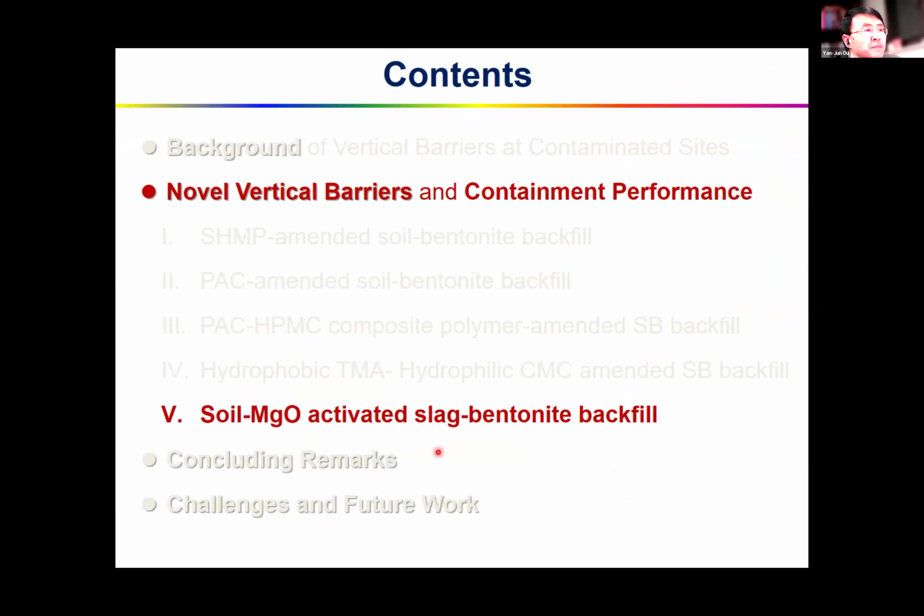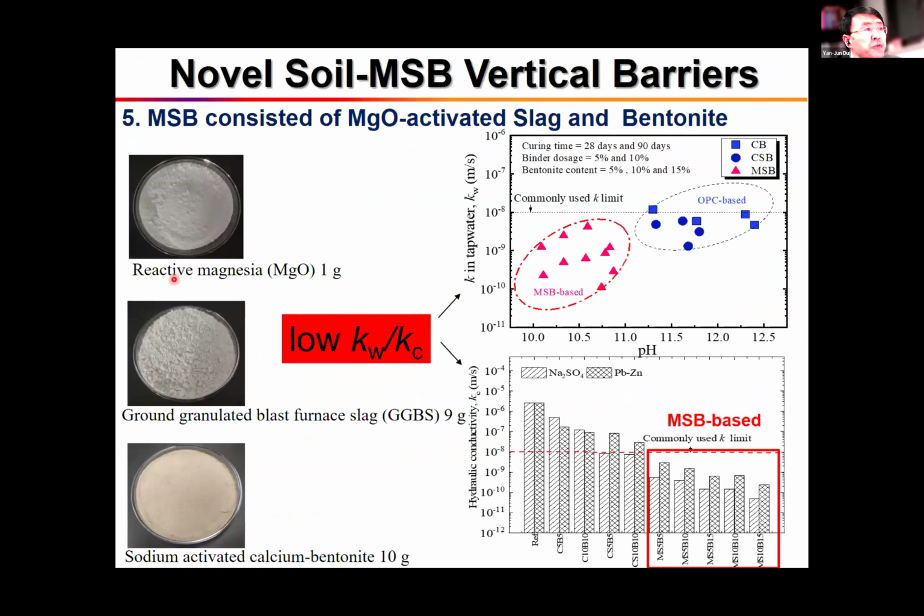Yeah. So fourthly, we propose the soil magnesium-activated slag bentonite backfill. We use reactive magnesium to activate the slag, and then we mix it together with the bentonite and then with the local soil.